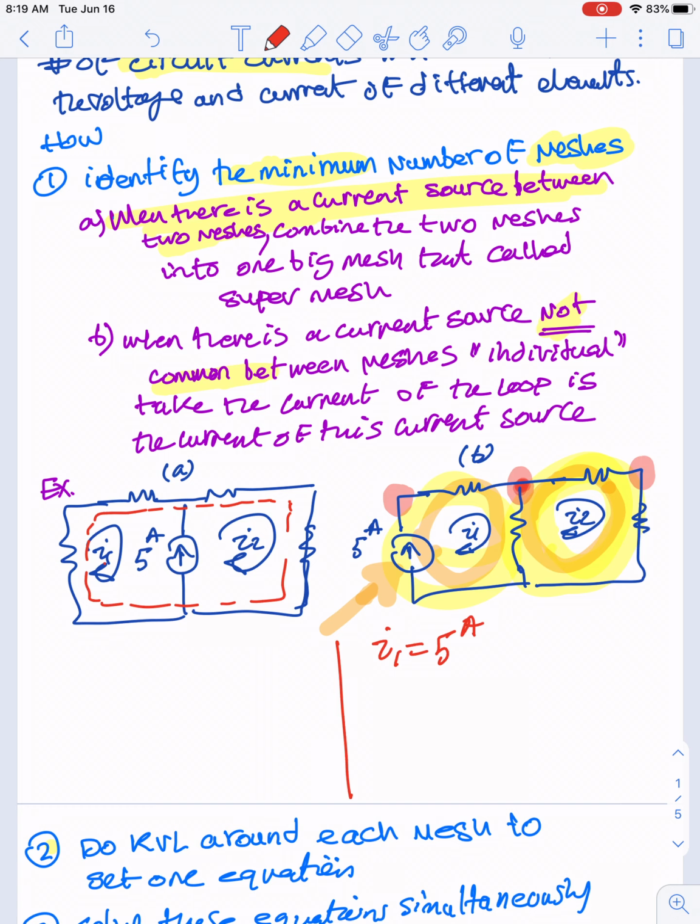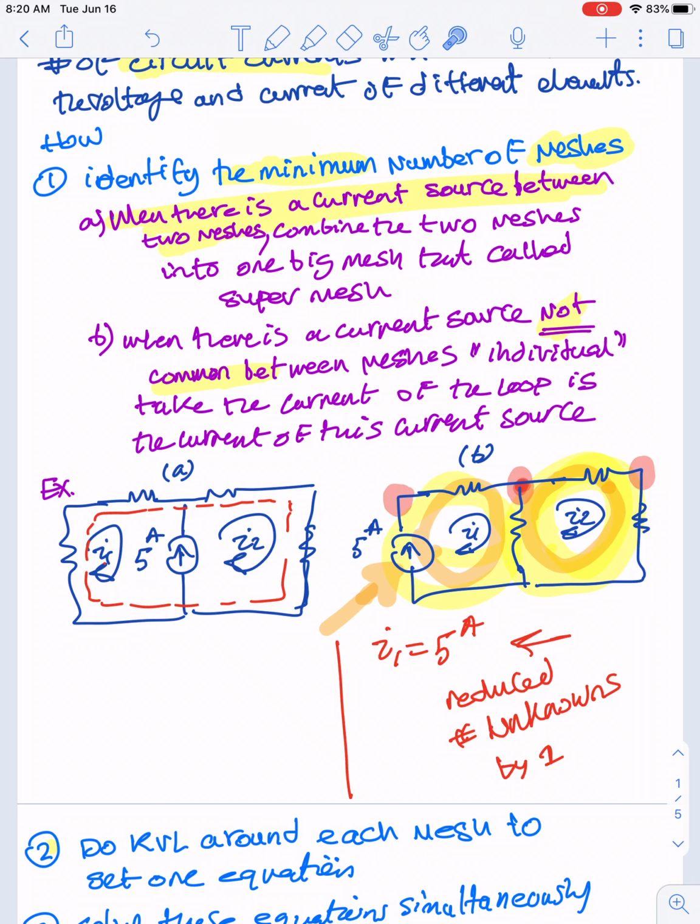So right now we reduced the number of unknowns by 1. Initially we had two unknowns, I1 and I2, but by identifying that this current source is looping inside I1, we reduced the number of unknowns by 1.